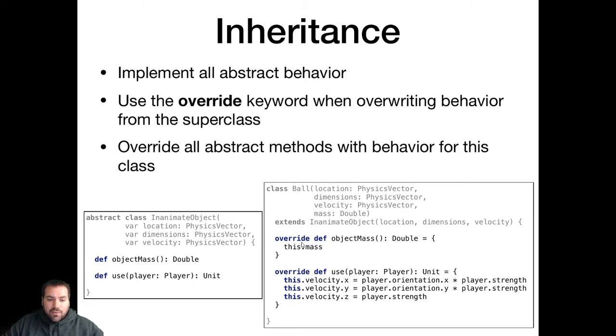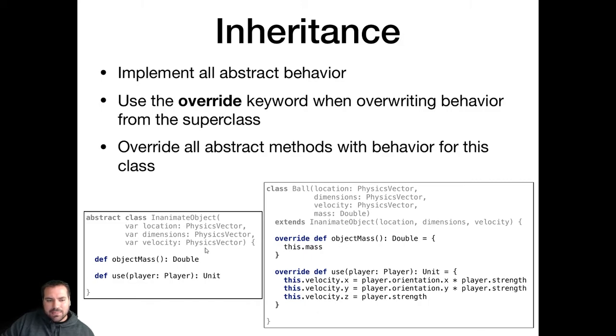So we're going to override, meaning I know I got a method from what we call the base class, or the super class. I know I got a method from this class that I inherited. Whatever I got from that class, I want to override it with my own code.